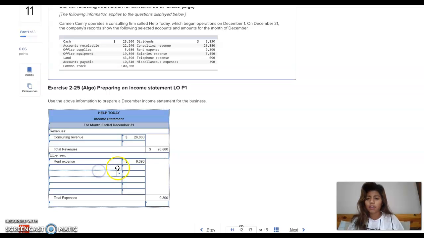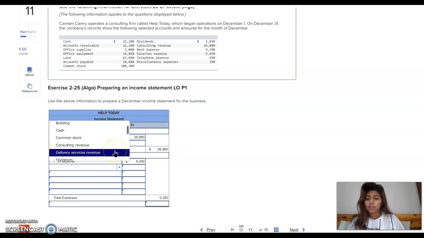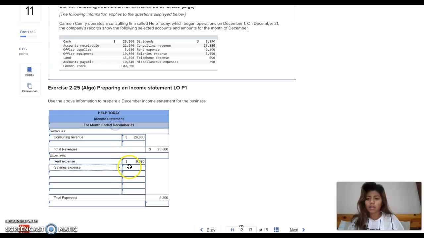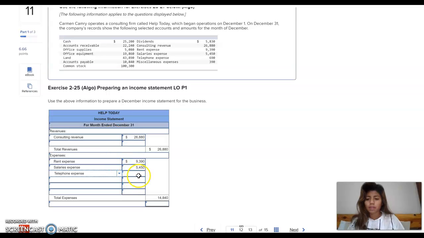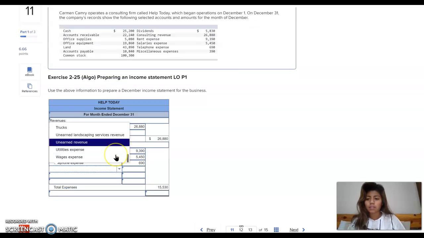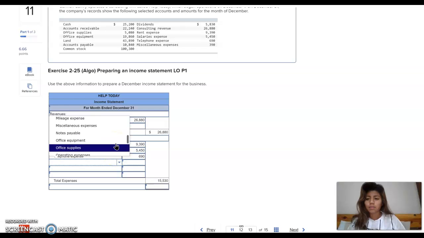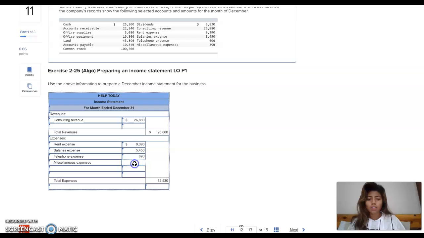And then we're going to look for the salaries expense. Right there, and that is 5,450. The telephone expense, that one is 690. And then we have a miscellaneous expense, and that is 390.